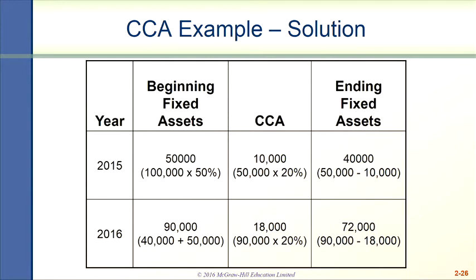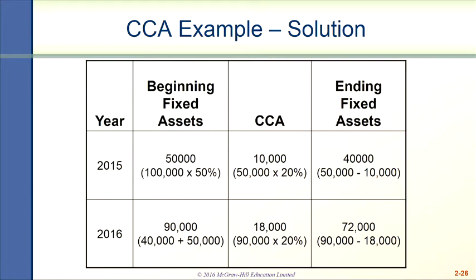And then it's class 8, which is at 20%. So here we are. We take 20% of the 50,000, and the capital cost allowance for that period is 10,000. And as such, to find the undepreciated capital cost, which you call UCC ending, which is the ending fixed asset, we have 40,000. So meaning we took the beginning amount minus the capital cost allowance for the period.